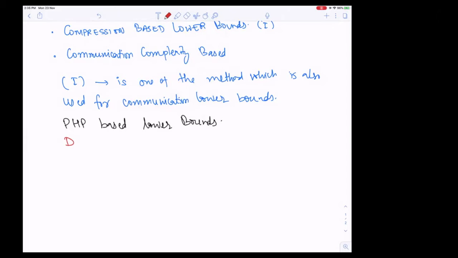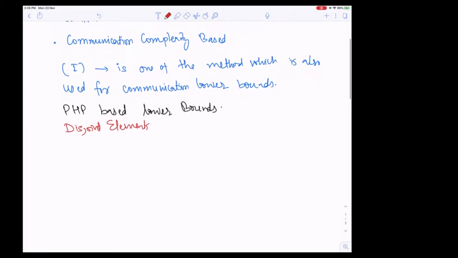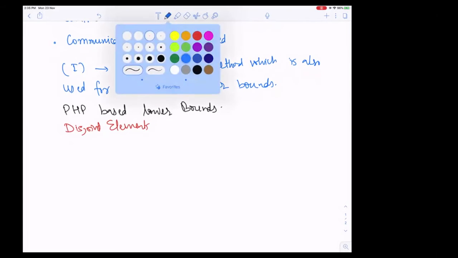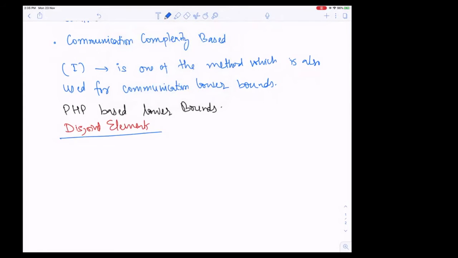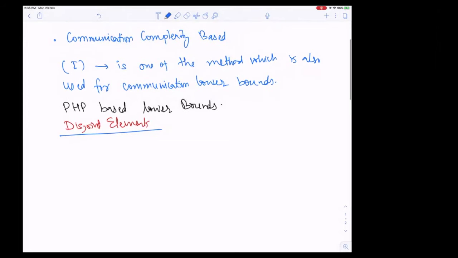Okay. So for distinct elements, and we will be doing more stuff when we get to communication complexity lower bounds. Okay. So let's see what the problem was. Long time back, we studied this distinct elements problem. And what was that?